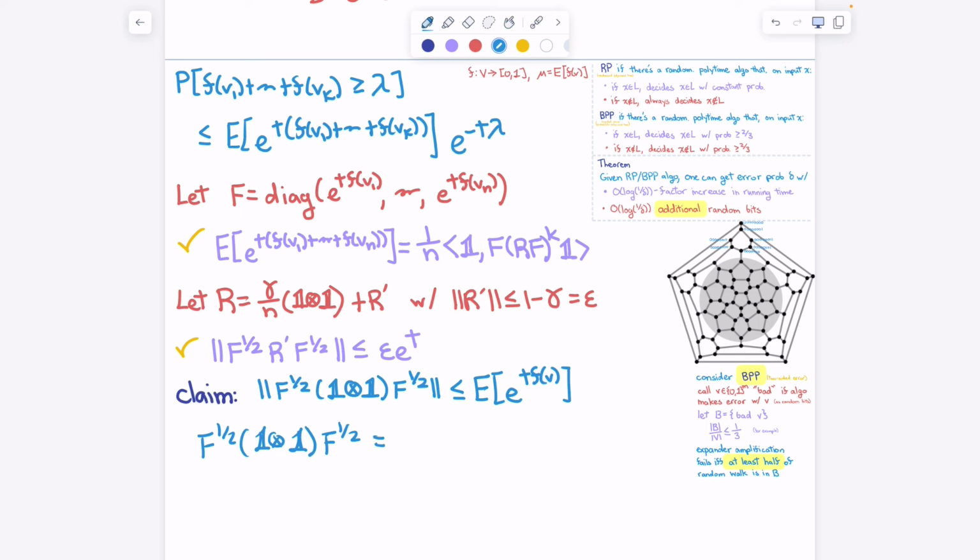Just because the inner term has this nice form, this is the same as f to the 1/2 all ones, outer product f to the 1/2 all ones. Sorry, I drew an extra caret for no reason. So what's this? This is just a rank 1 matrix.